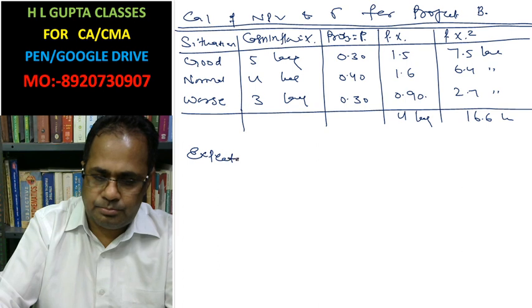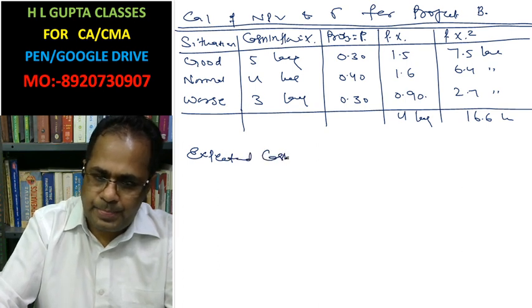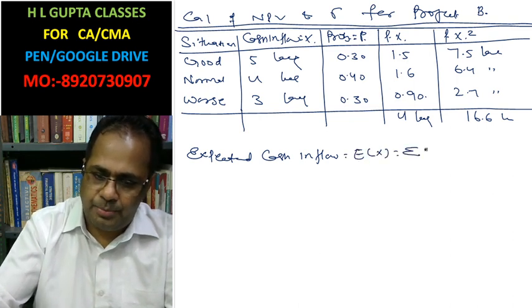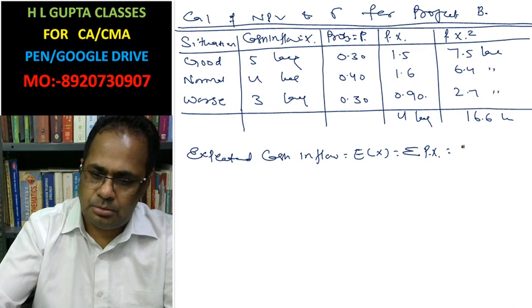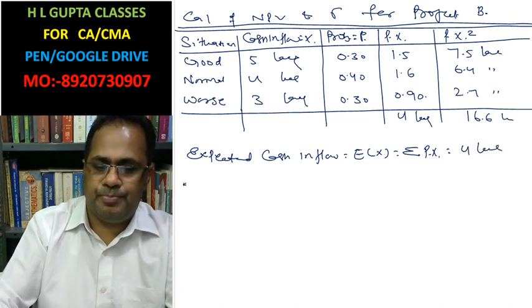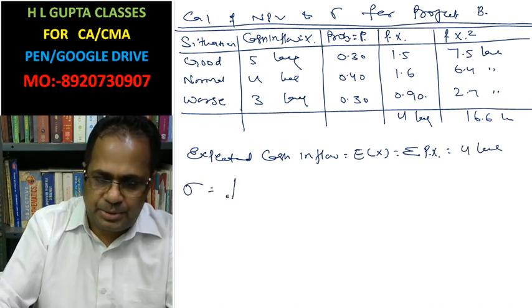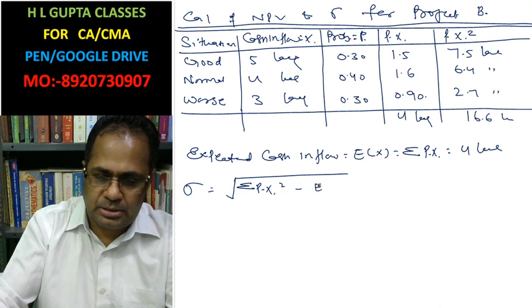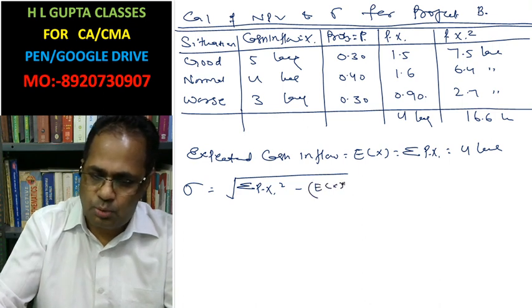The total is 16.6 lakh. Expected cash inflow is the summation of P_iX_i, which is 4 lakh. The standard deviation is represented like this: root of summation P_iX_i squared minus expected X whole squared.